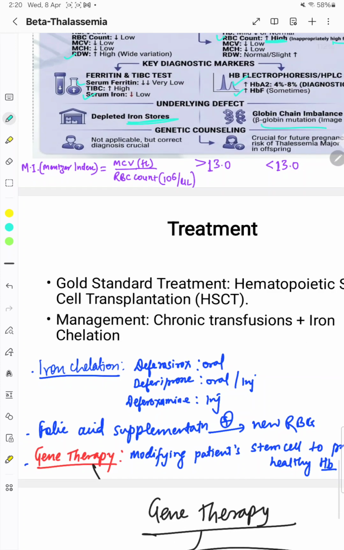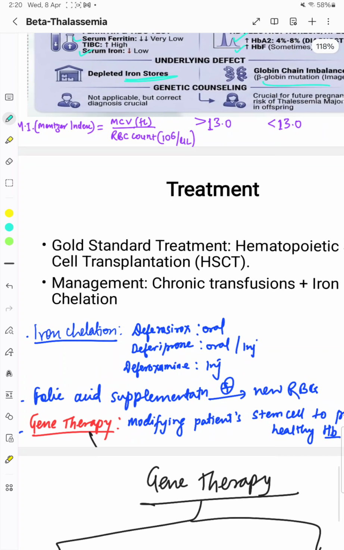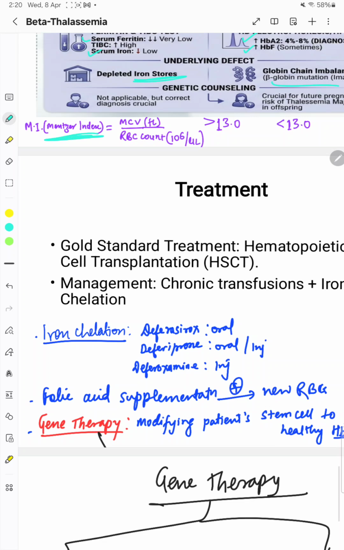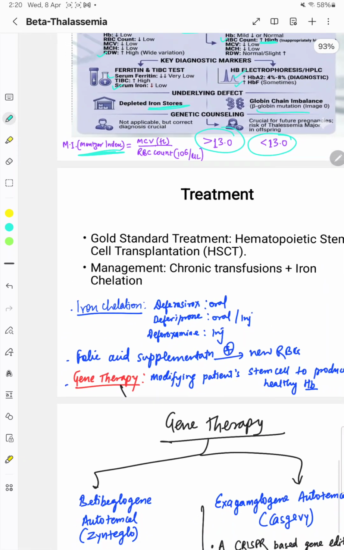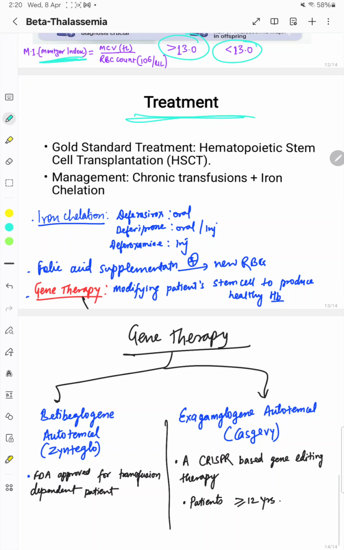Beta thalassemia requires genetic counseling because this is an inherited disease. One important index is the Mentzer Index, calculated by MCV divided by RBC count. This is normally more than 13 in iron deficiency anemia and less than 13 in thalassemia minor. So what are the treatment options?